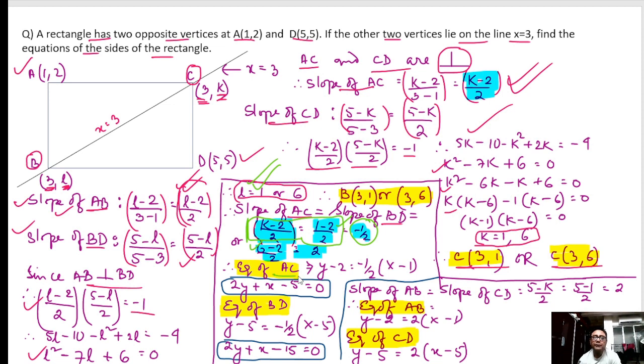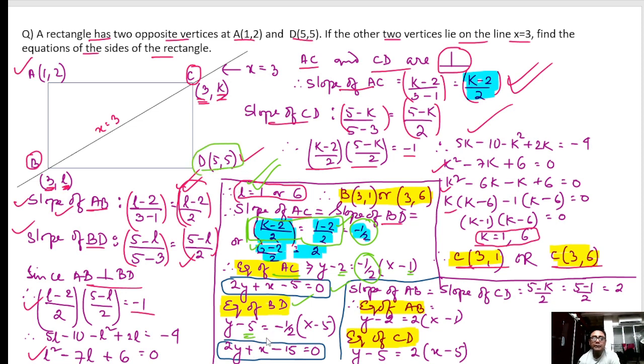So now the equation of AC will be what? y minus y1 is slope of AC, x minus x1. Equation of BD. BD passes through (3, L), and L we already know is 5. Okay, 3, K. BD passes through, we are taking D, (5, 5).